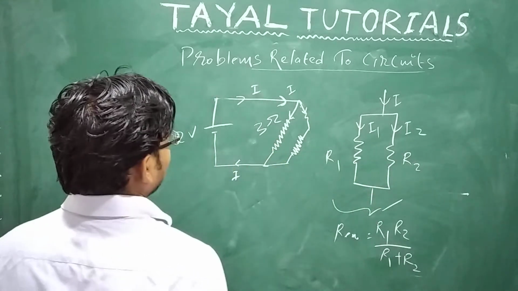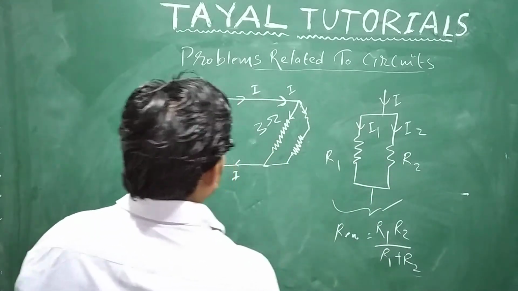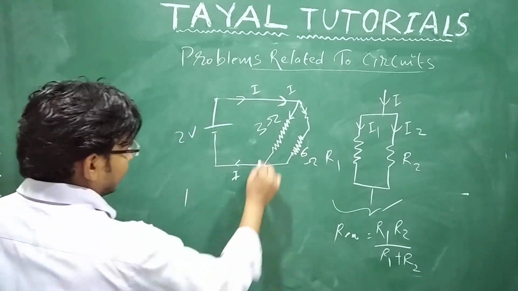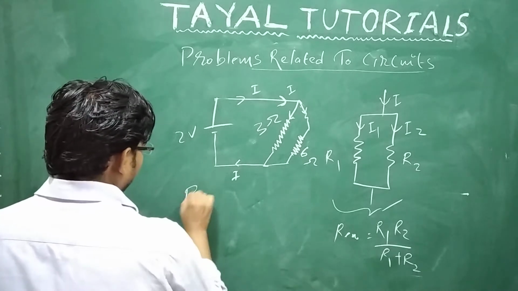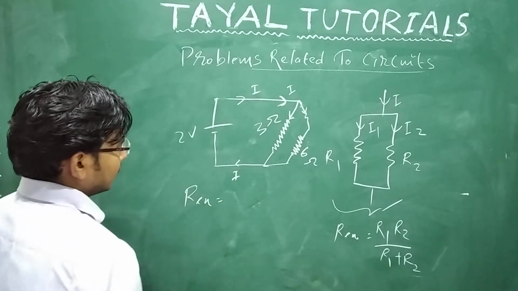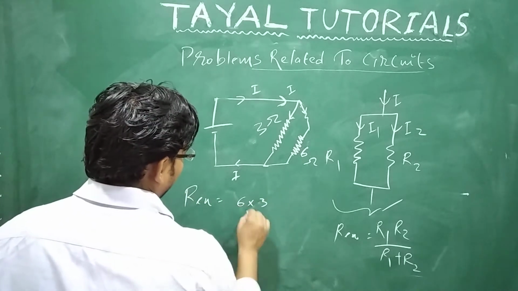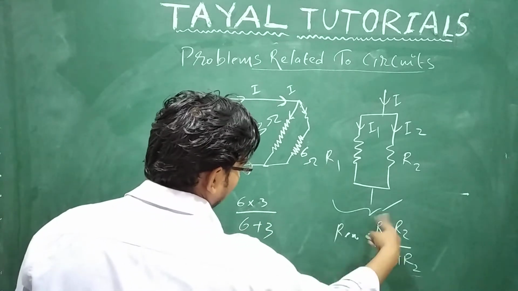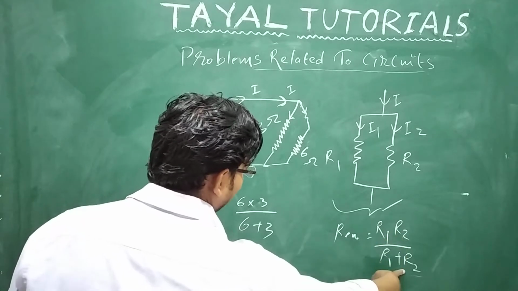So here these 6 ohm and 3 ohm are in parallel, so we can write the R equivalent of these two. R equivalent is equal to 6 into 3 upon 6 plus 3. We apply the formula R1 into R2 divided by R1 plus R2.